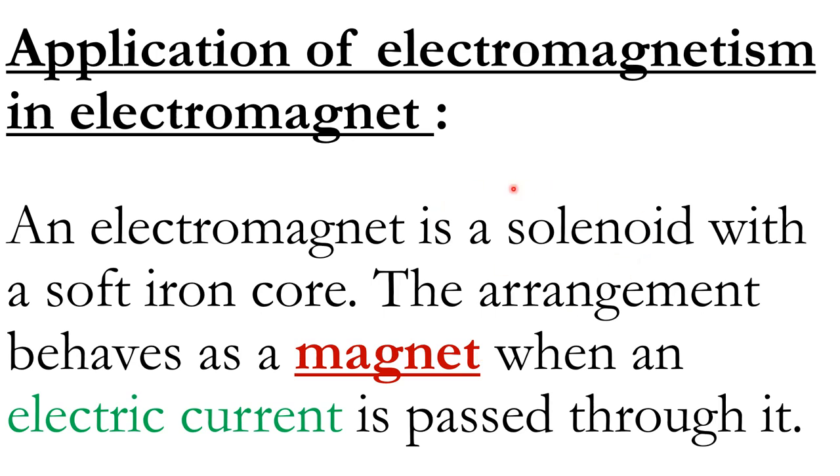You can now relate, what is a solenoid? Yes, it is a coil of wire, and inside that cylindrical coil, a soft iron rod is passed. So this arrangement will behave as a magnet when current passes through it.